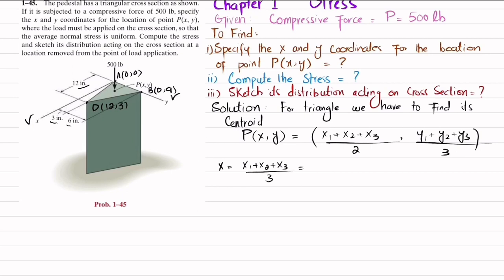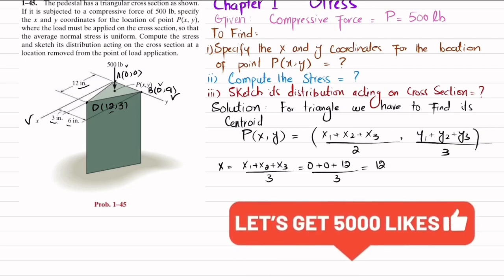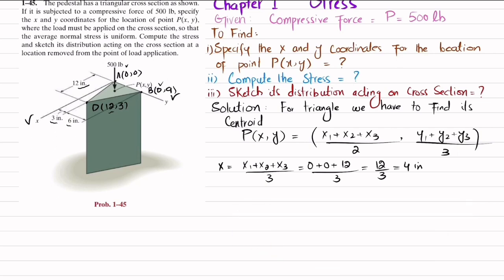So x1, you can see, is 0, plus x2 which is also 0, plus x3 which is 12. So 12 divided by 3 is equal to 4. So the x coordinate will be 4 inch.